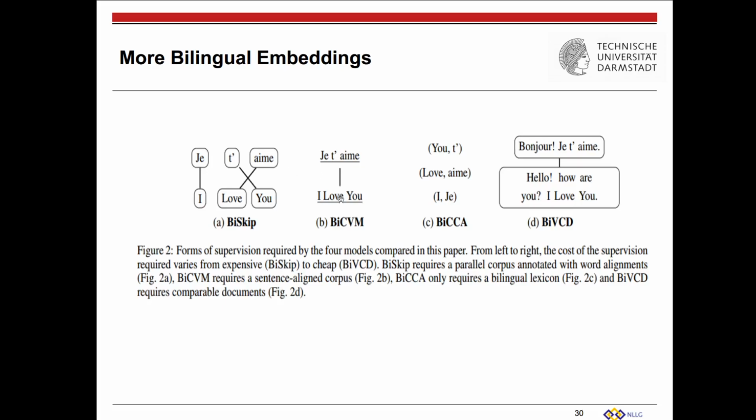The second approach only assumes that we know the sentences are translations of each other without knowing which word belongs to which. The third one only uses this dictionary, right? So we have a dictionary that is similar to the approach of Mikolov that we have just seen. So we need that dictionary. And the fourth approach, the last approach, only needs aligned documents, right?